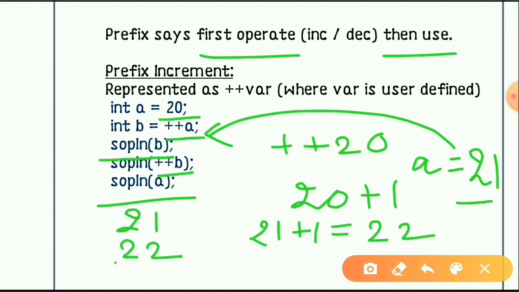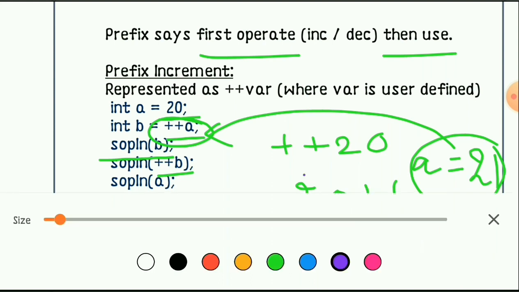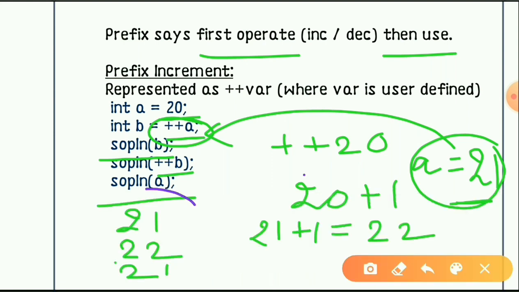So we have seen from this line ++a when we were handling. So firstly your value is being converted into 21, then afterwards it is being given to your b, so that is why your value of a will be 21, hence this will be your output for the same. See, this will be your output for this kind of expression.